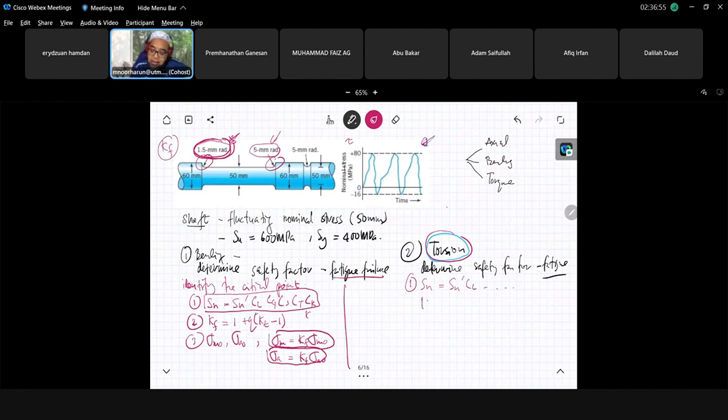So for Kf equal to 1 plus q(Kt minus 1), Kt and q, be careful taking from the graph of torsion.